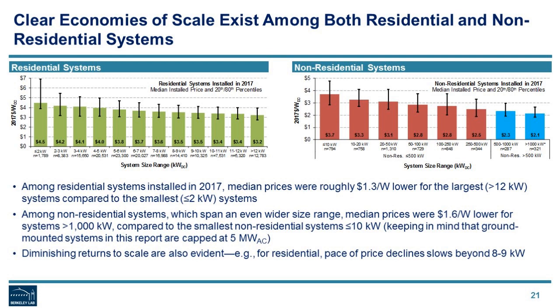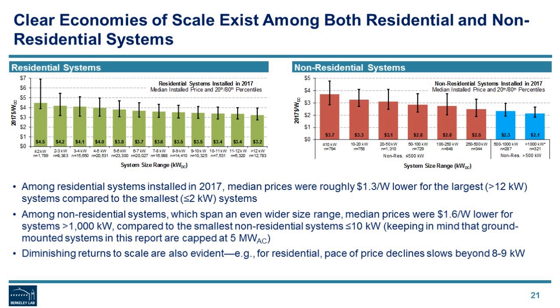Here we've parsed that out even further to look at how pricing varies across system sizes within each of those groups. And as you can see, very much the trend you might expect, with quite clear economies of scale among both residential and non-residential systems.